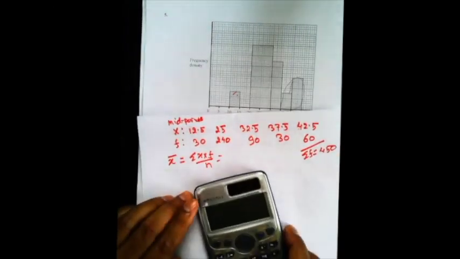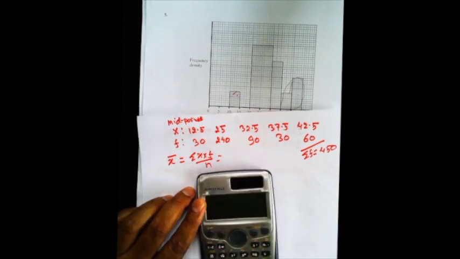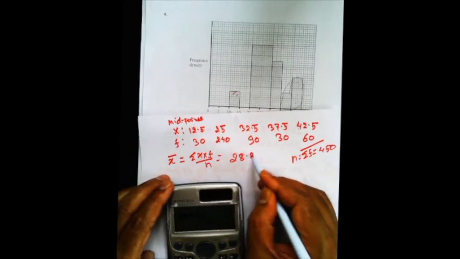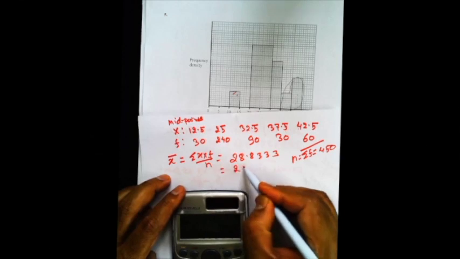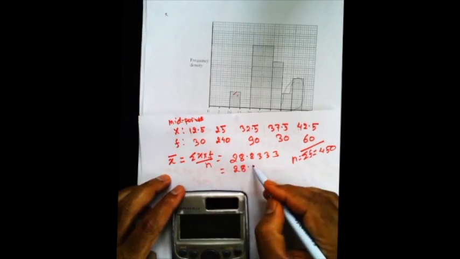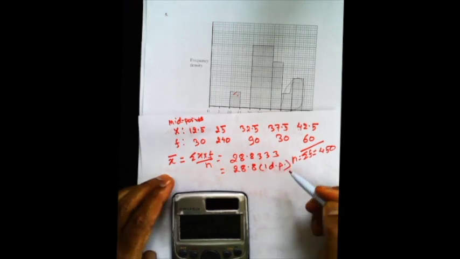Here I'm doing 12.5 times 30, and then plus 25 times 240, and so on. It gives 28.83333, so up to 1 dp it is 28.8.